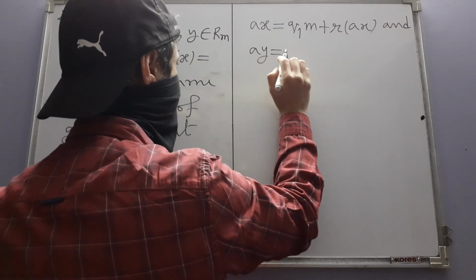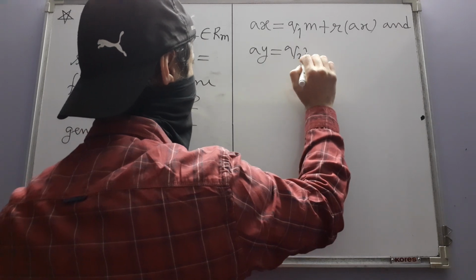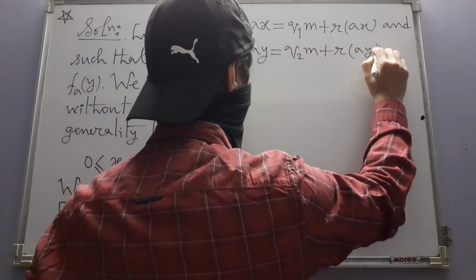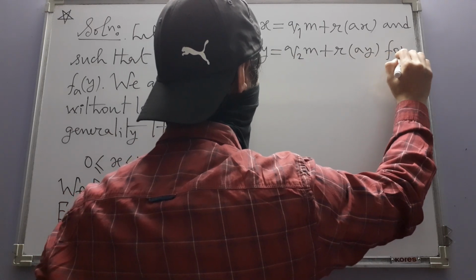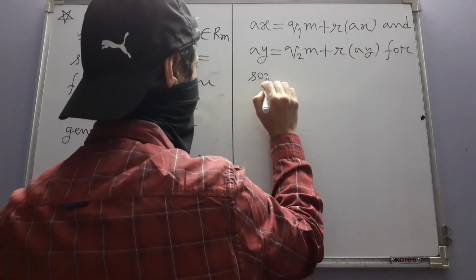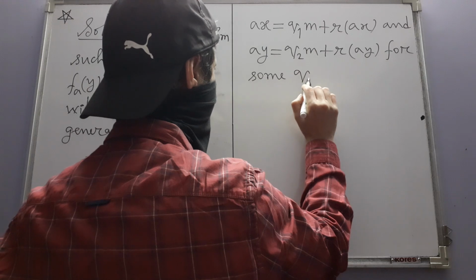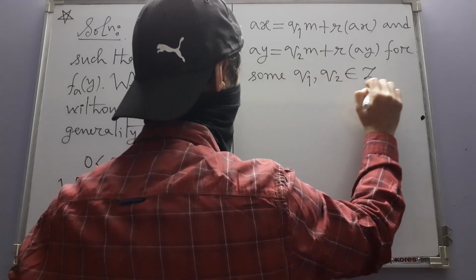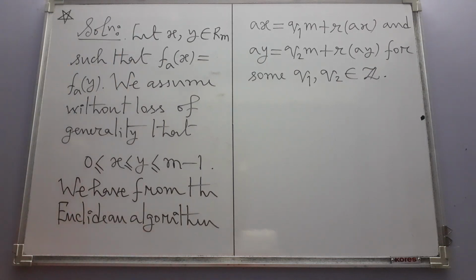And ay similarly is some integer times m plus the remainder value of ay, for some integers q1 and q2. Okay.